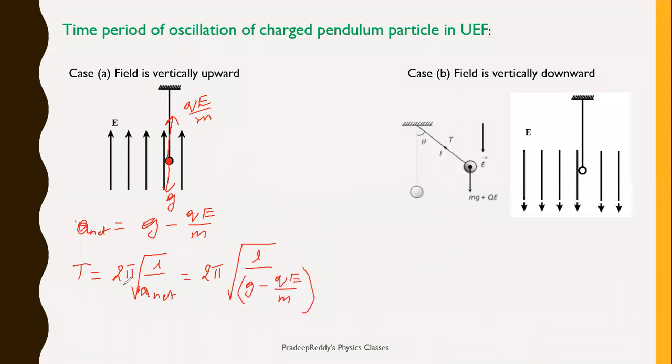So simply you can substitute the values of g, q, E, and find out the time period of the simple pendulum placed in uniform electric field which is vertically upward.